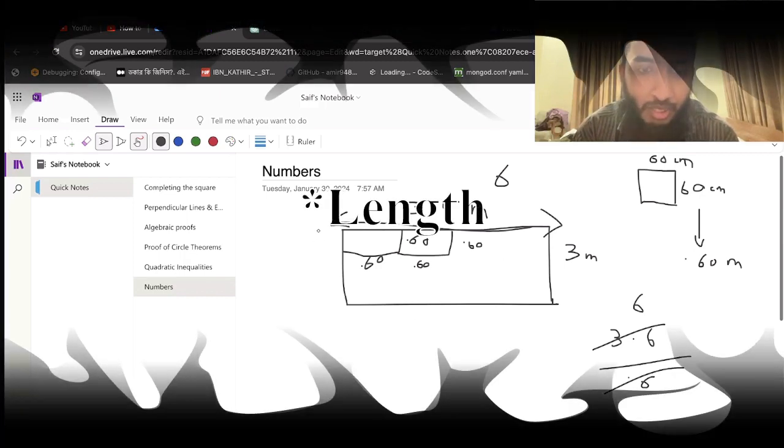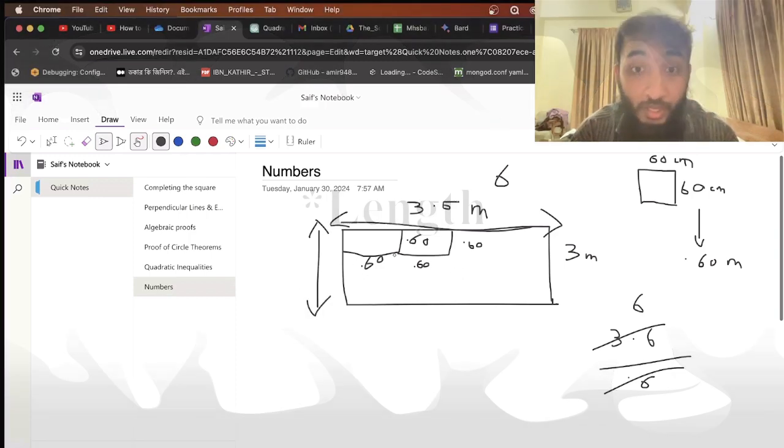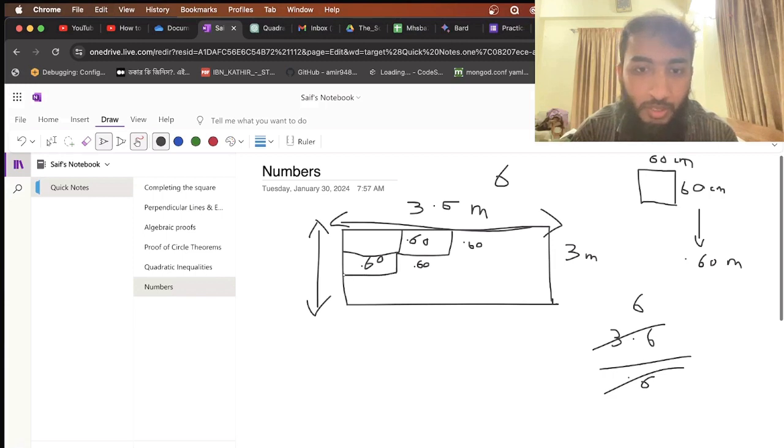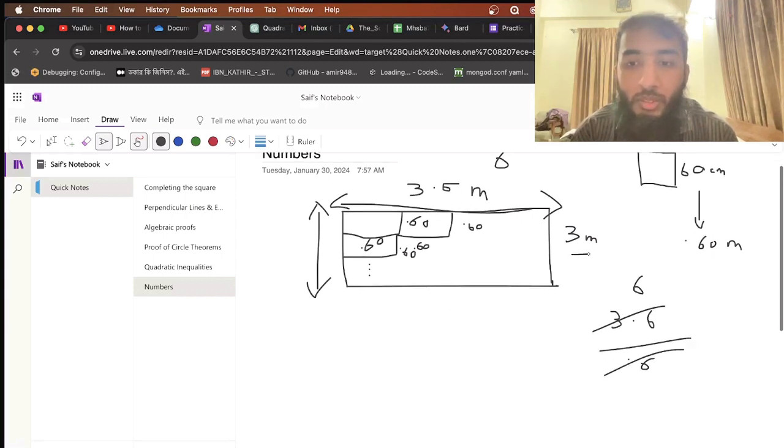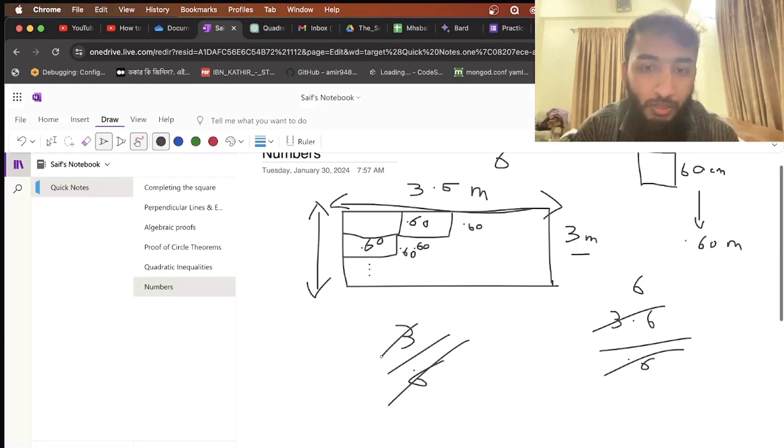Now let's look at the width. How many paving slabs can fit along it? It's going to be 0.60 and 0.60 and so on. The width is 3 meters. How many slabs can fit within 3 meters? 3 divided by 0.6 is 5.